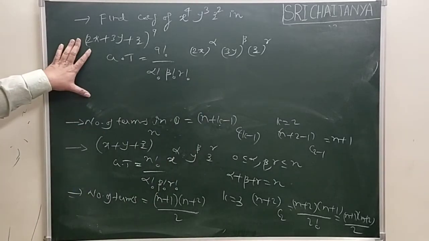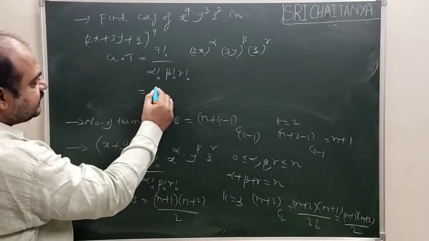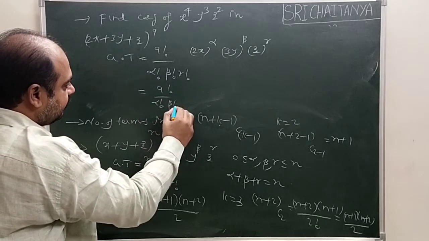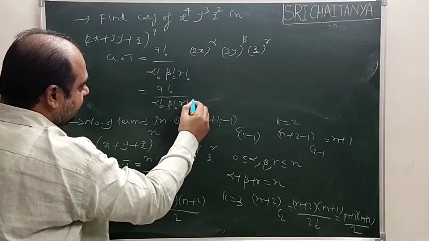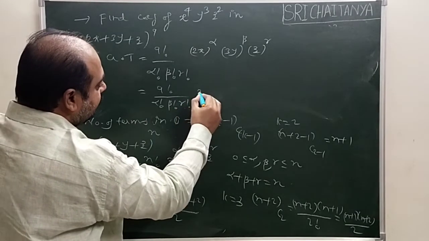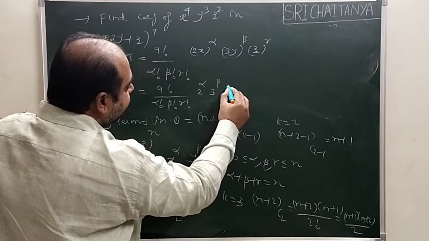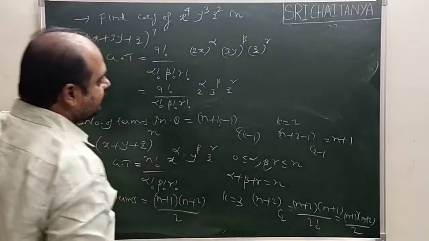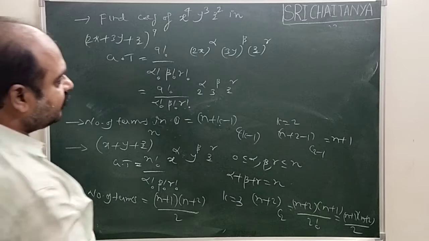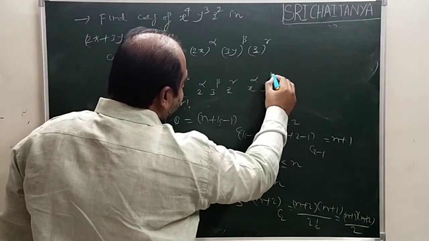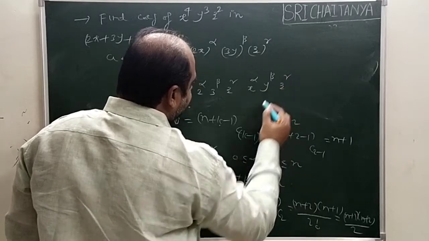This is the general term. Now write the constants and variables separately. So 9 factorial over alpha factorial into beta factorial into gamma factorial, 2 to the power alpha, 3 to the power beta, z to the power gamma, into x power alpha, y power beta, z power gamma.